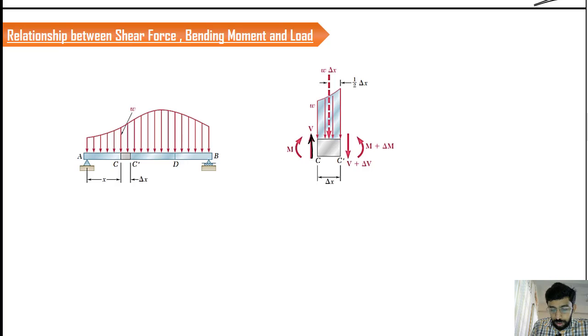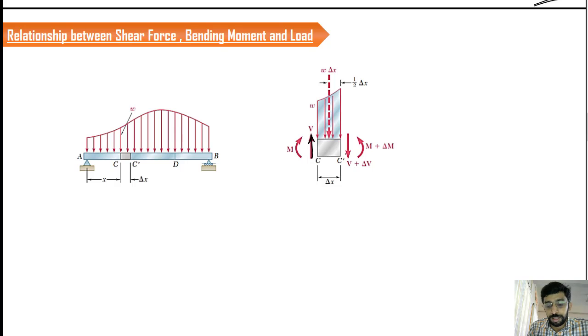So when you move from section C to C dash, definitely the moment as well as the shear force is going to change. That I have already told you. So if you consider the point C, we have a vertical load V here and moment M here.